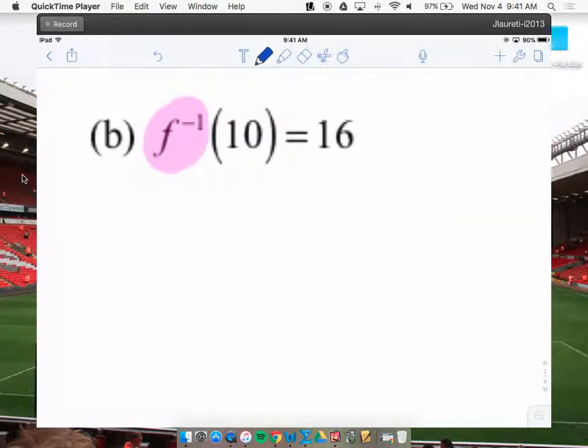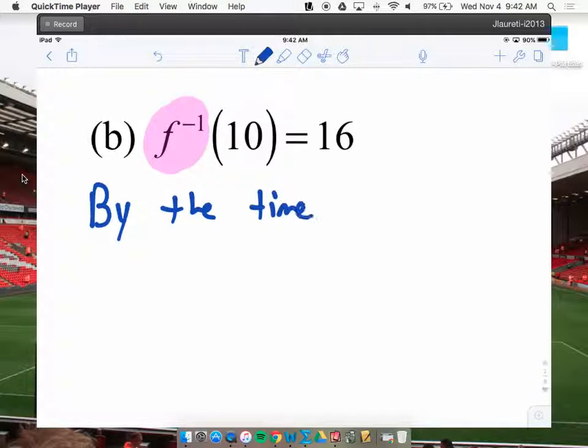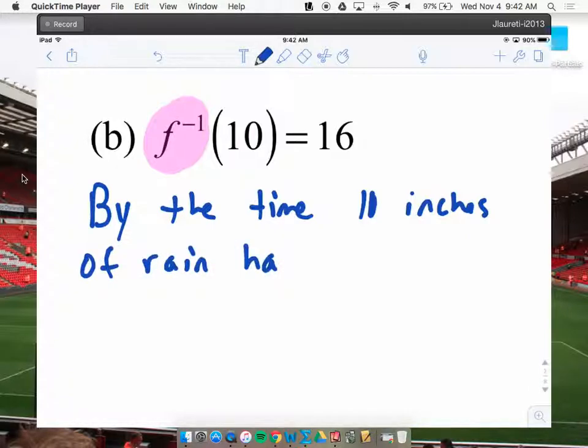So if I have inverse of f at 10, it comes out to be 16. So what does that mean? By the time 10 inches of rain have fallen, 16 hours have passed.